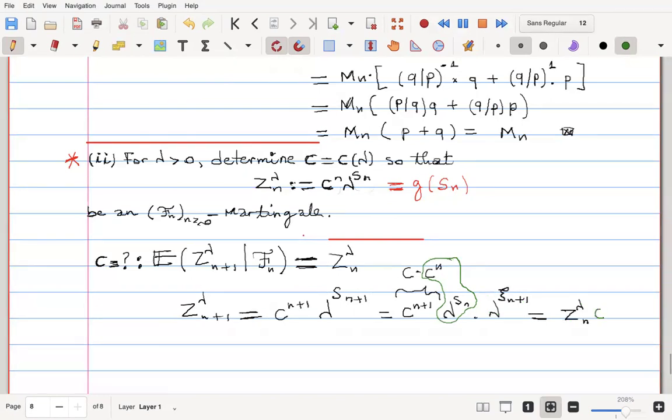Okay, we can write it in a different color, it doesn't matter. So this will be C lambda to the psi n plus 1.